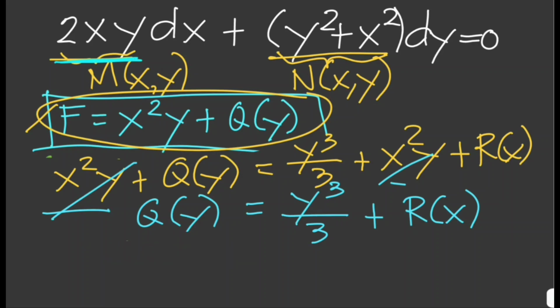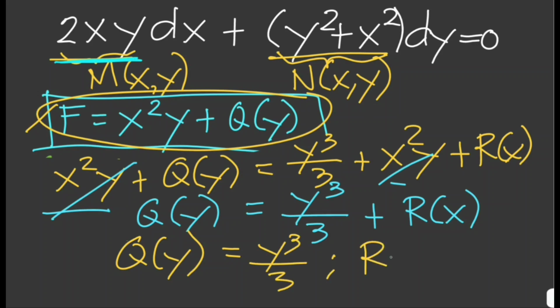Now we can solve q of y and r of x by inspection, and we can equate q of y with those terms on the other side of the equation that contain y. So we have y cubed over 3. And for r of x, we don't have any terms or variables on the left side that contain x.